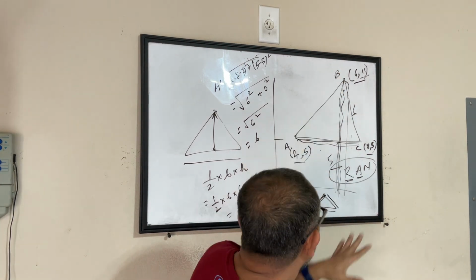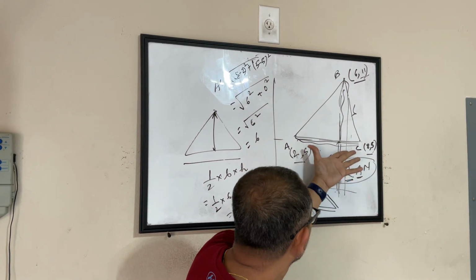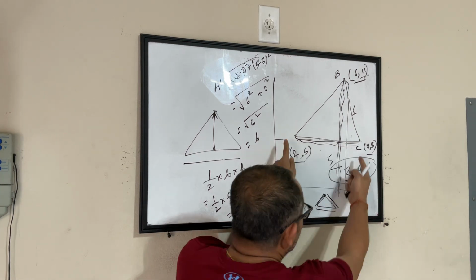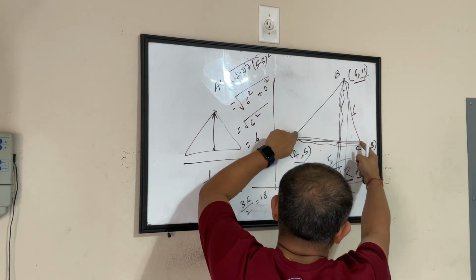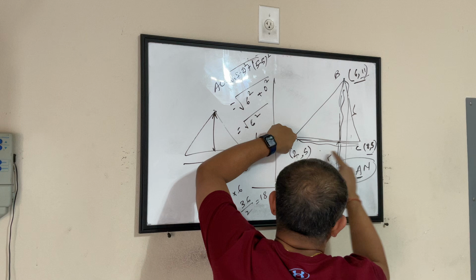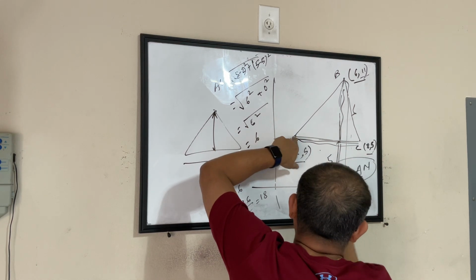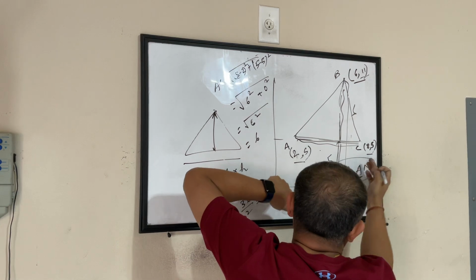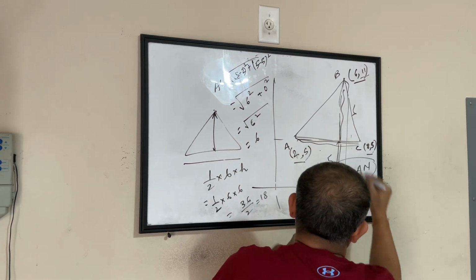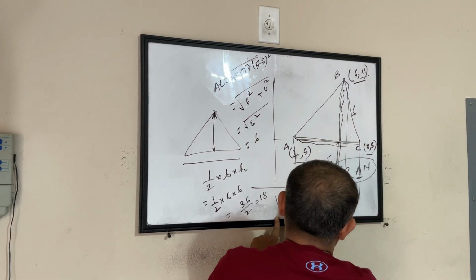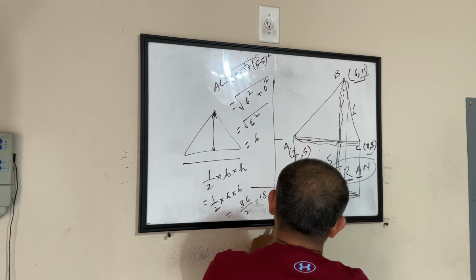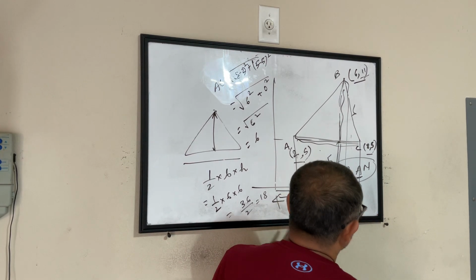You can as well find out the area without knowing the distance formula, because just by looking at this one you can see that this is a straight line and both have the same y coordinate, meaning this is a horizontal line. So if I want to know this distance, I need to just look at this distance minus this distance. That will give me this distance, right?